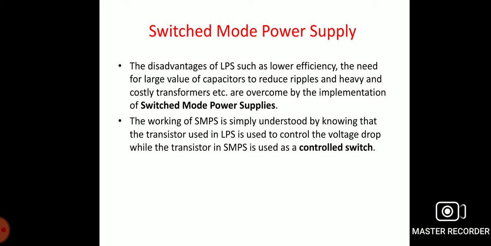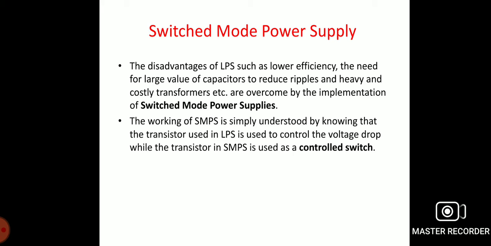The working of SMPS is simply understood by knowing that the transistor used in a linear power supply is used to control the voltage drop, while the transistor in SMPS is used as a controlled switch.